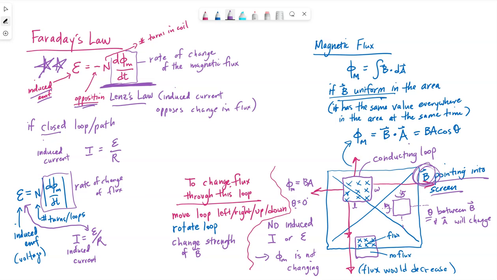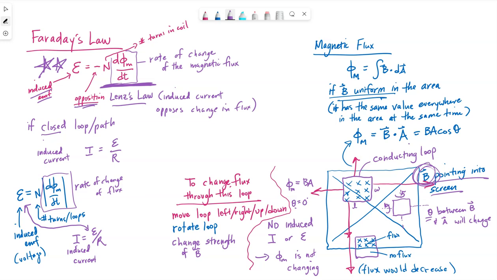That is still the case. But we can calculate values in terms of their magnitudes without worrying about the direction of the induced current. And that is what Faraday's law is getting at here. So we're going to talk both about solving problems using Faraday's law, as well as determining the direction of the induced current.